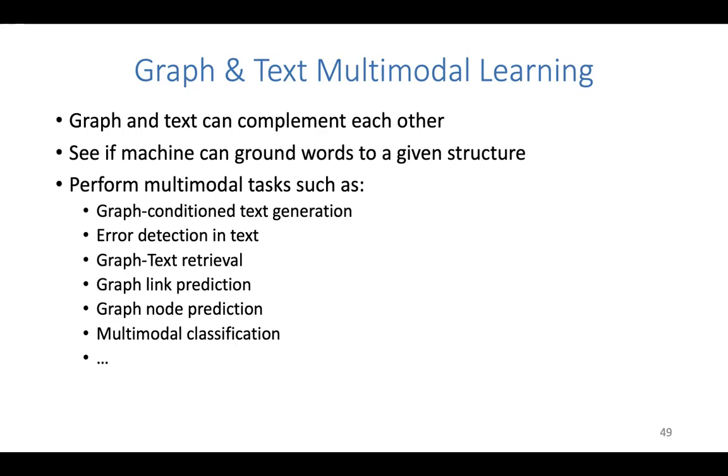And obviously, you can do multimodal classification as well, given graph and text at the same time, trying to predict the future disease, or the future medication to recommend. So you can do a lot more with two modalities than you can with one modality, obviously.